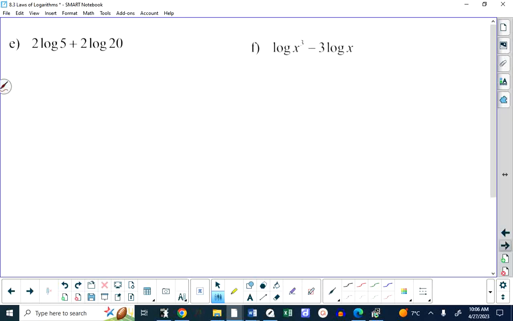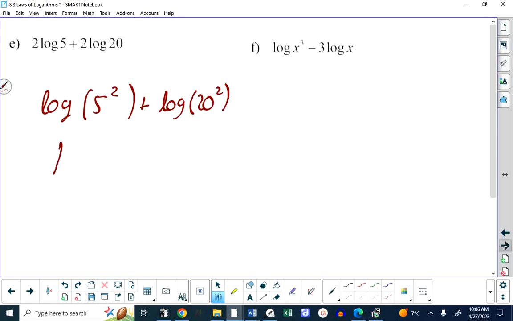Well, I can't figure out what these are, but if I put them together, I get log of 5 squared plus log of 20 squared. So I can't figure out what each one is, but now I get log of 5 squared times 20 squared. So sometimes we want to pack them back into a single log, including exponents.